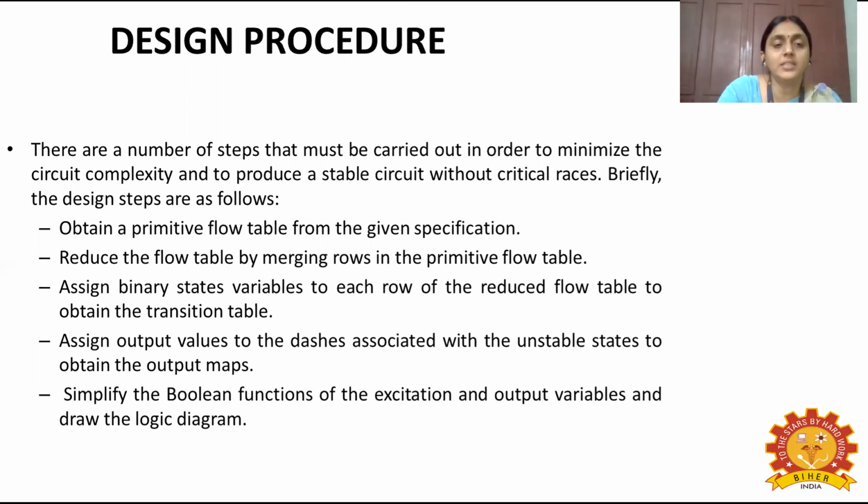Assign the binary state variables to each row of the reduced flow table to obtain the transition table. And the fourth step is to assign the output values to the dashes associated with the unstable states to obtain the output maps.